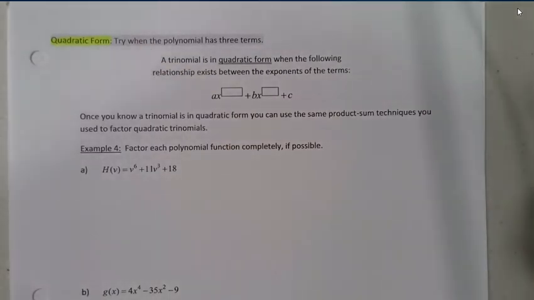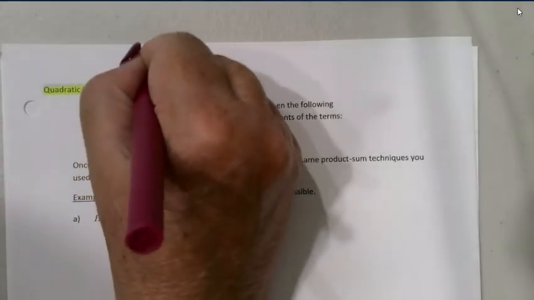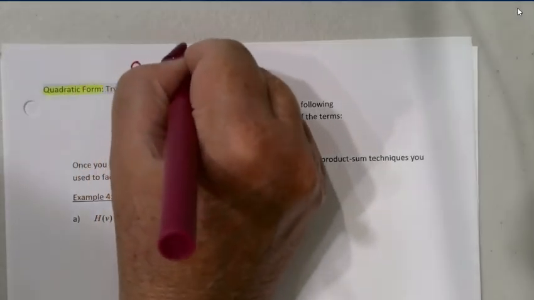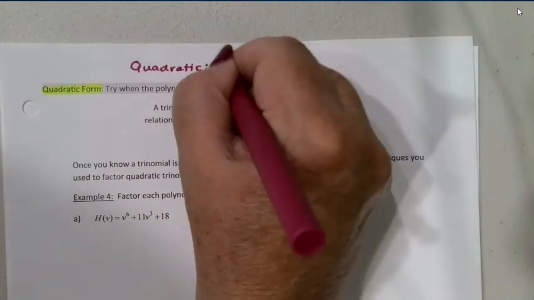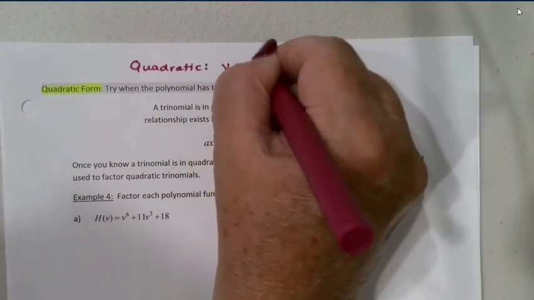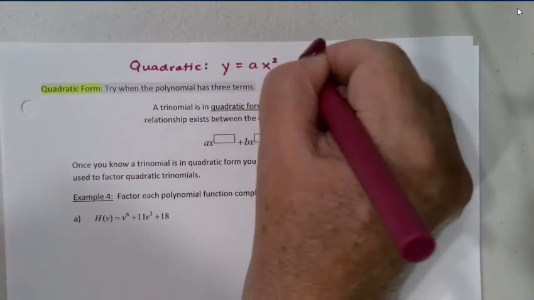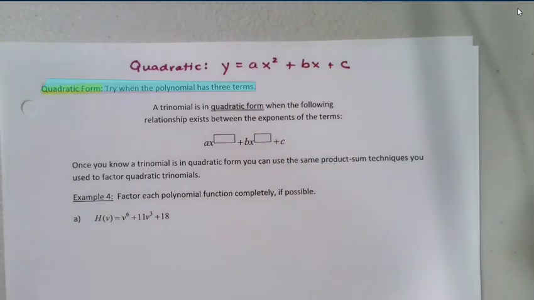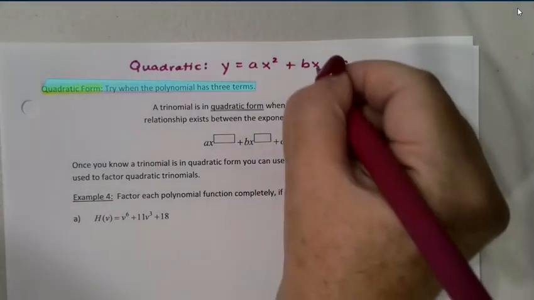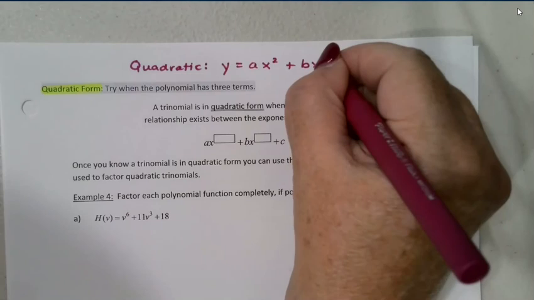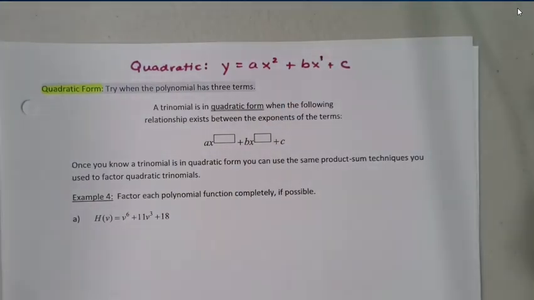If you remember a general quadratic, let me just remind you. Of the form ax squared plus bx plus c. That middle term, that x is really a first power, although we don't often write it. But it's true, right?